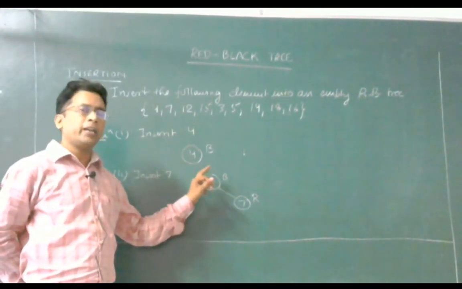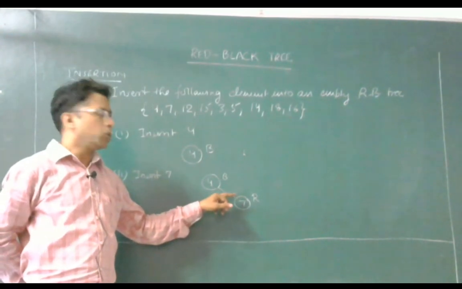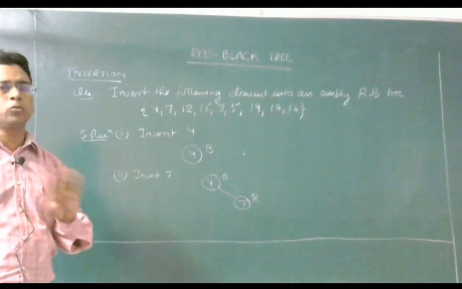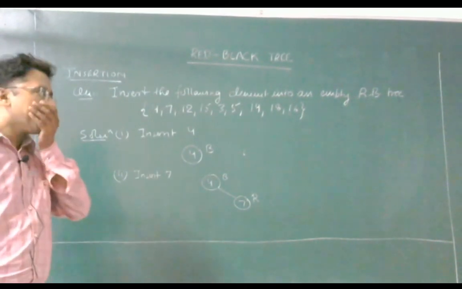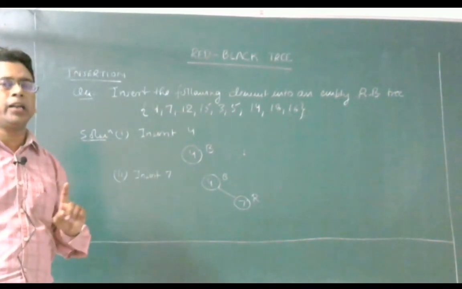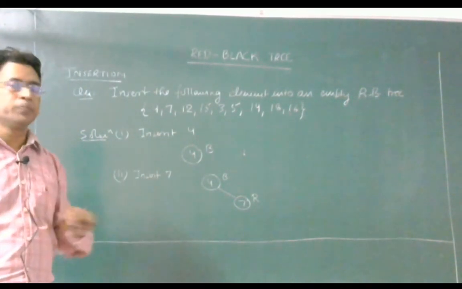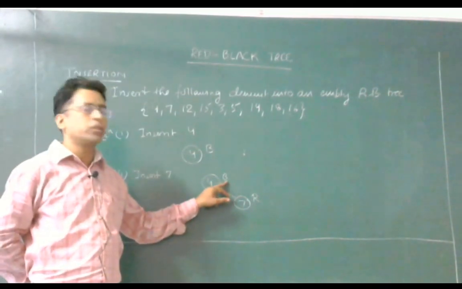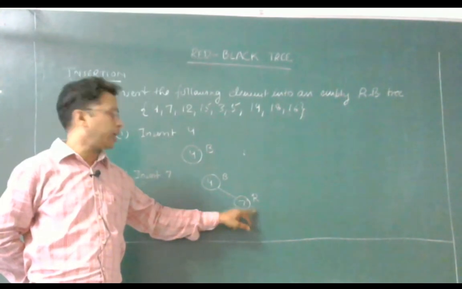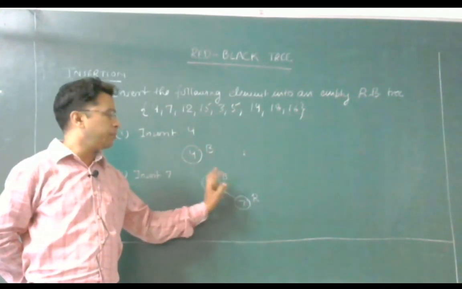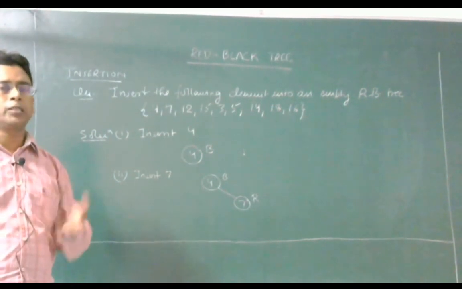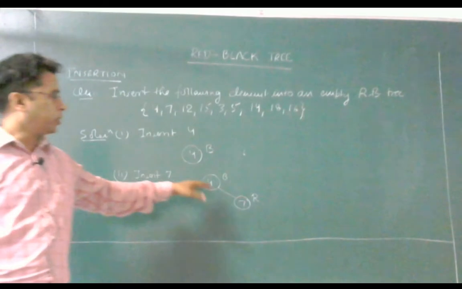A black node can have a black child or a red child, it does not create any problem. But a red node cannot have a red child; a red node can have only a black child. So there is no violation because the parent node is black and the child node is red. So we do not need to run any fix-up procedure on this.